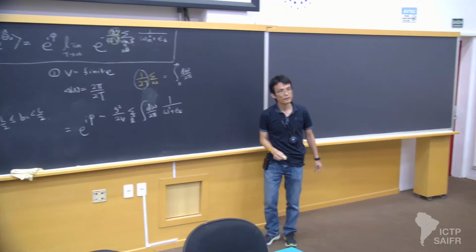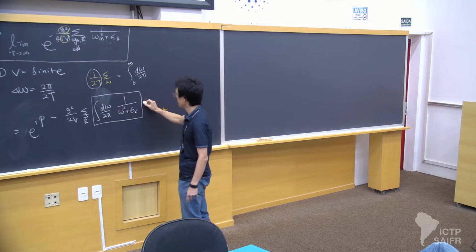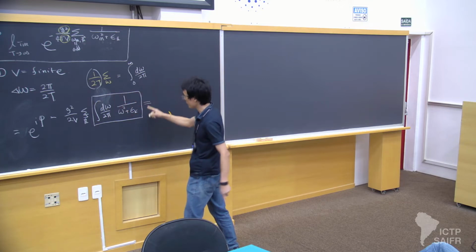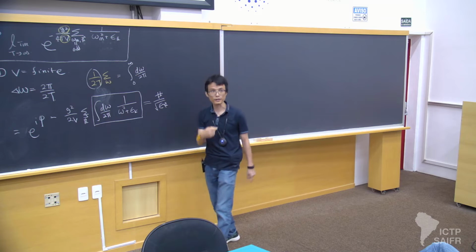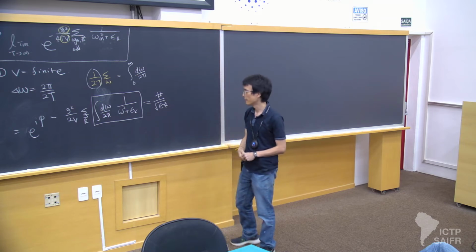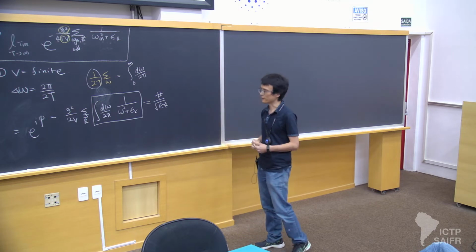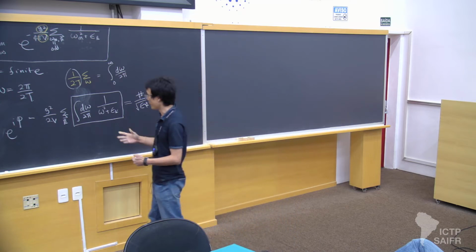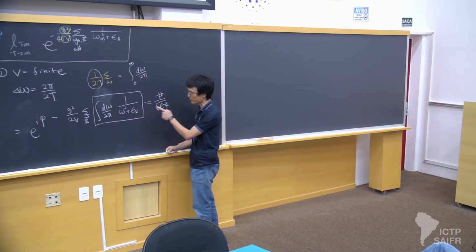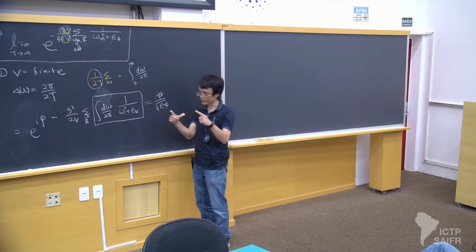And this integration, I forgot the prefactor, but it is proportional to 1 over the square root of E of k. The prefactor is in the lecture notes. This is something that you can compute exactly. So now that tells us what the contribution of each k mode is to the suppression of the expectation value.